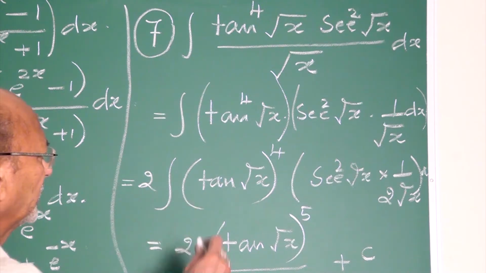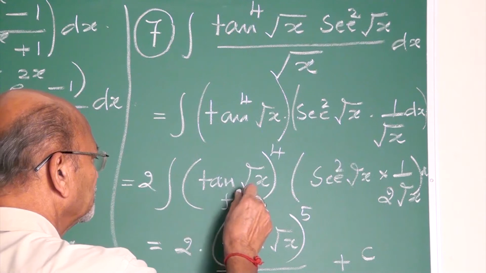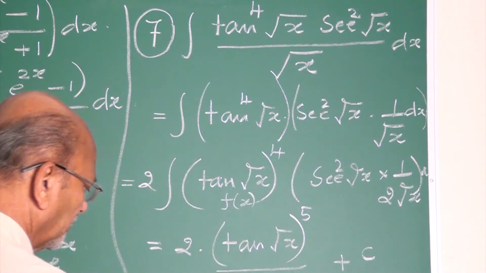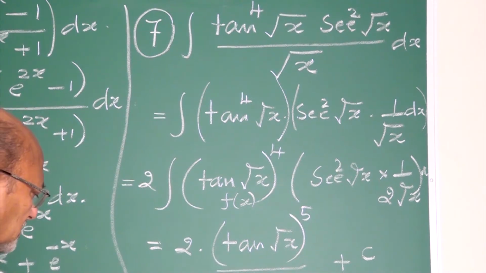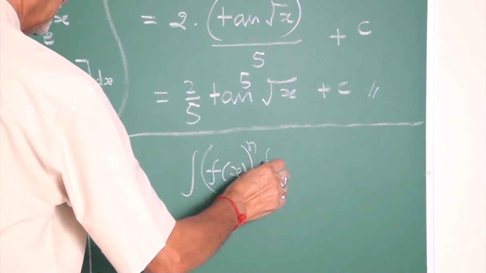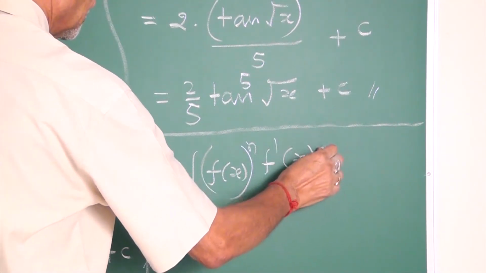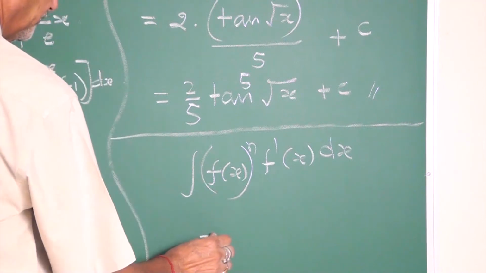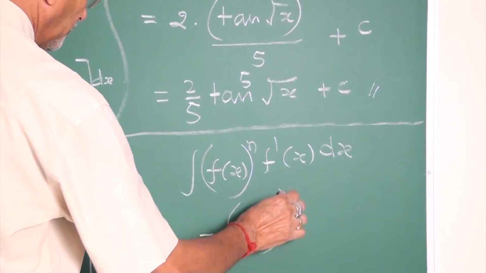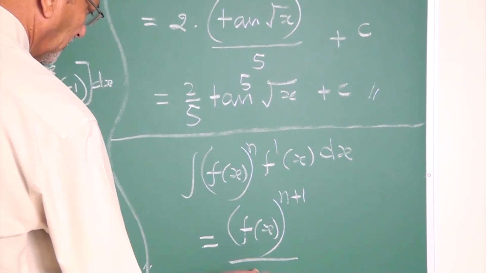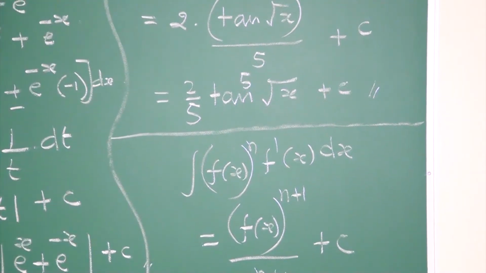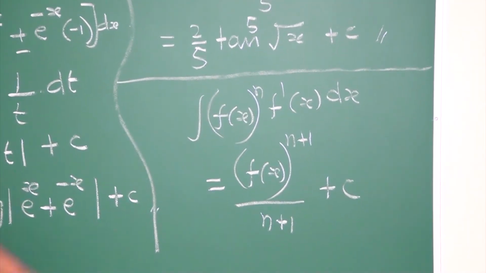This is your f, my friend. This is your f x to the power n. This formula, my friends: the integral of f x to the power n into f dash x dx. The general formula is f x to the power n plus 1 upon n plus 1, plus c.